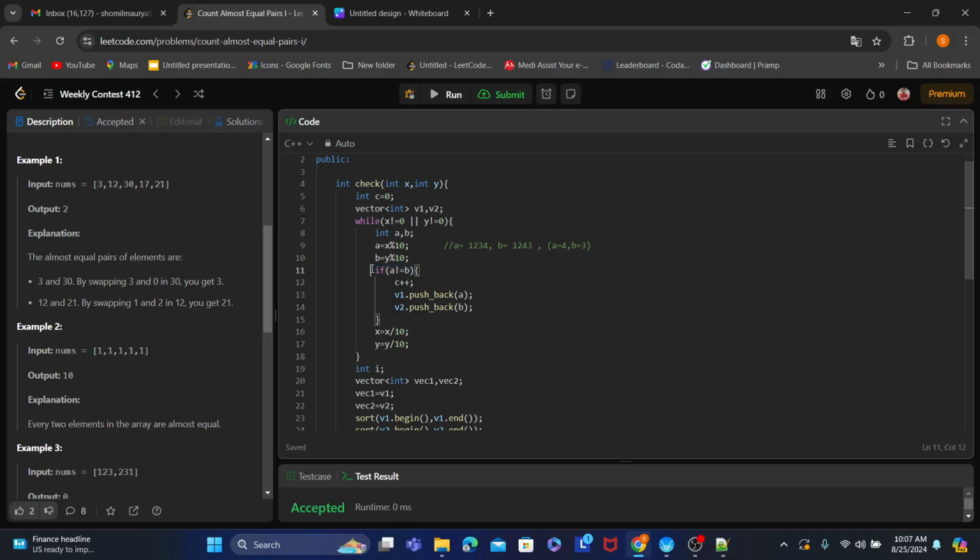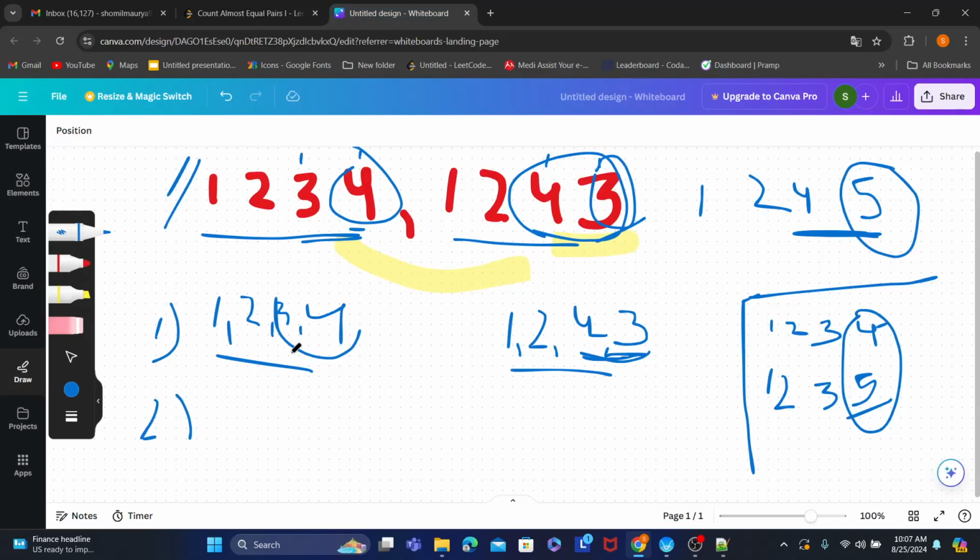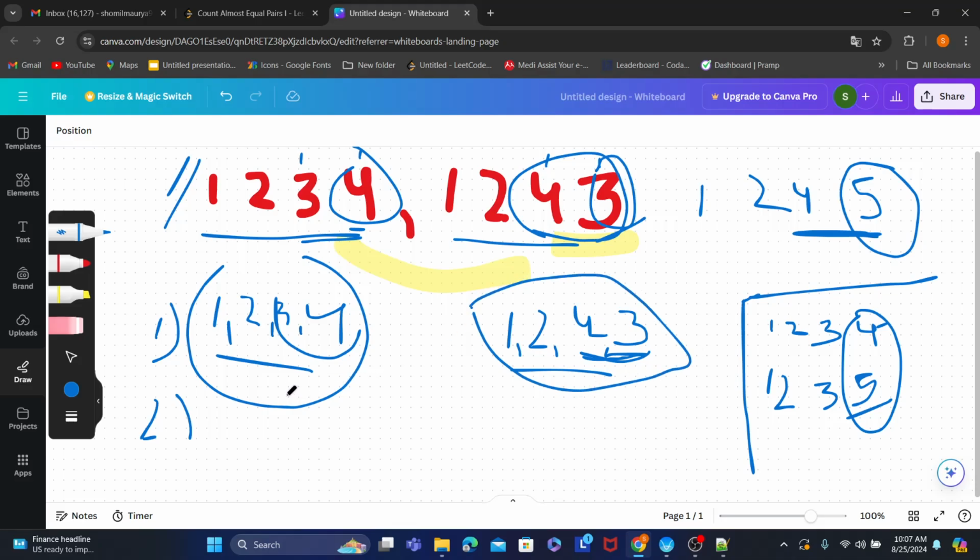So if A is not equal to B, we increment the counter, and we push into the arrays v1 and v2. Why are we pushing into the arrays? Because we need to maintain these lists, since at the end we first need to check if the digits are equal, and then we check the count.